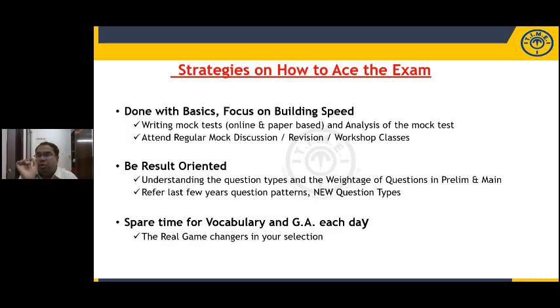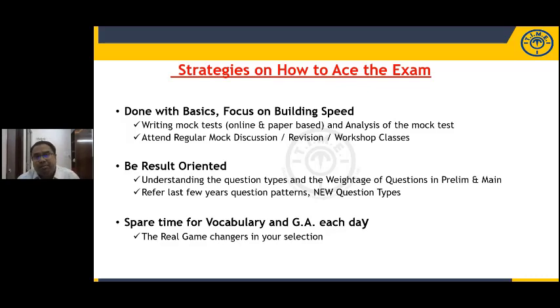Vocabulary. I'm talking about question types: word usage, word interchange, word replacement, close test, fill in the blanks, and your GA, general awareness. These two are real game changers because everybody will be almost close, because the question types asked in your main exam are difficult to very difficult. So everybody would be around 13, 14, 15, 16 marks only. 3 marks here, 3 marks there, when you take your quant and reasoning.